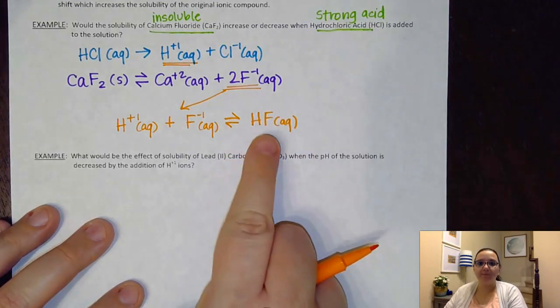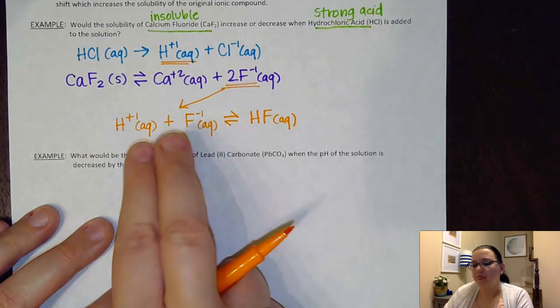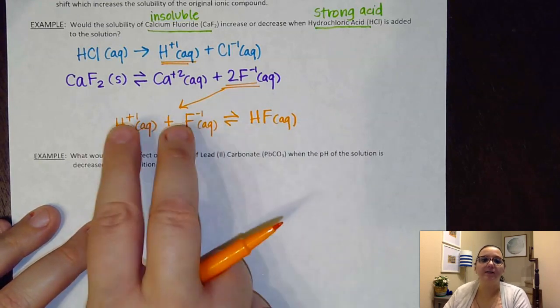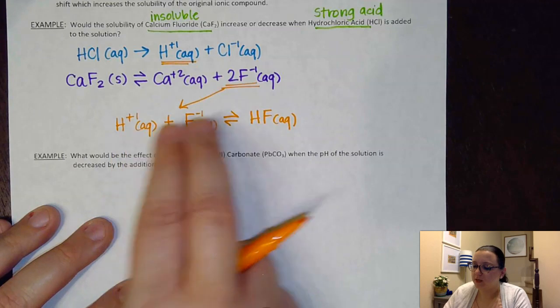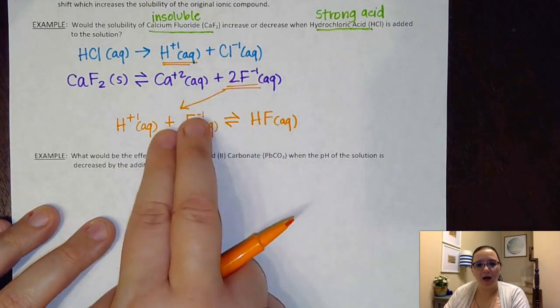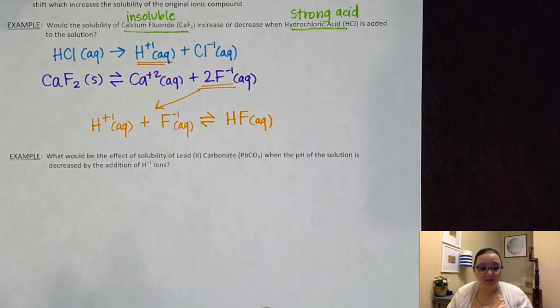Now, this being a weak acid that I'm forming means that this is very driven towards the hydrofluoric, that very little of it is going to stay split up into ions. So what we're effectively doing here is constantly removing those fluoride ions to create the hydrofluoric acid, and that's going to create a shift to our equilibrium.